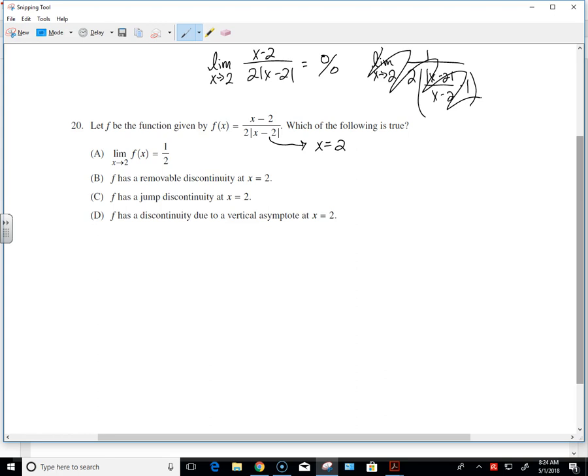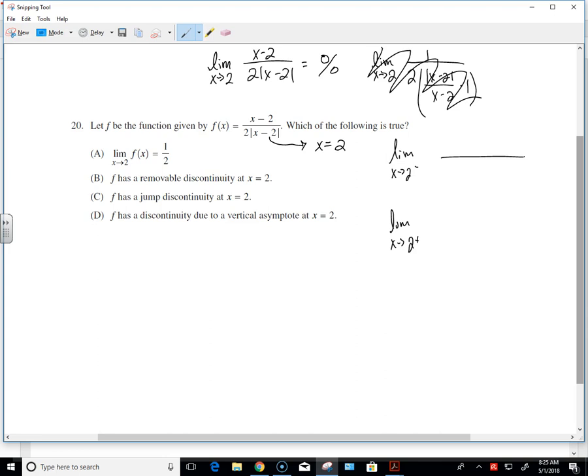Okay, so instead we're going to have to think from below and above. There are two ways of doing below and above. Okay? One way is just to visualize yourself and say, okay, if I'm plugging in from below 2, that'd be like 1.9, right? If I was plugging in 1.9, wouldn't this be a negative? But wouldn't the absolute value switch it to be a positive?